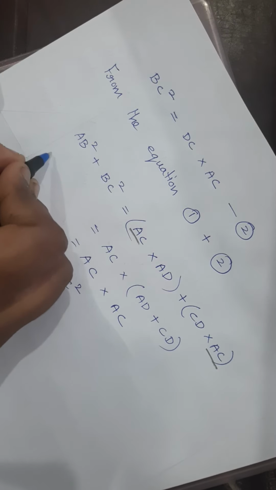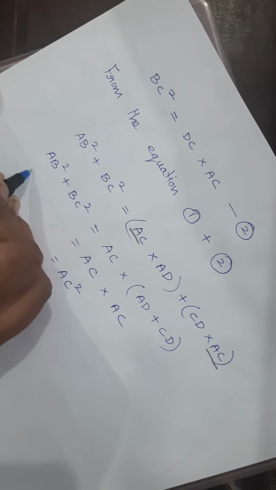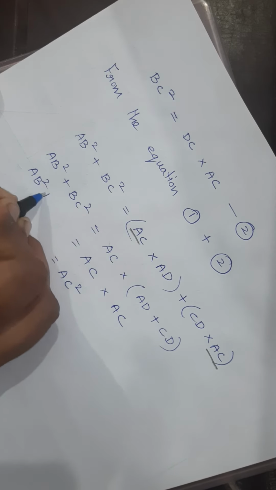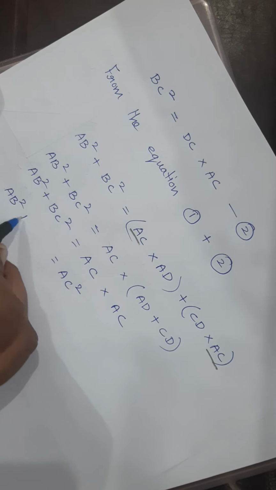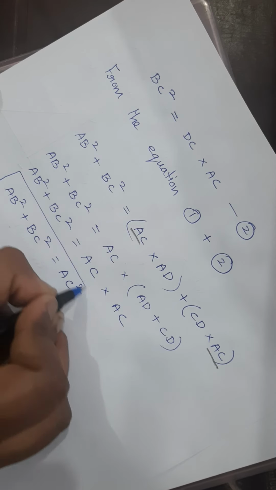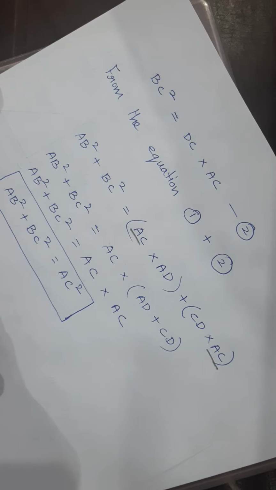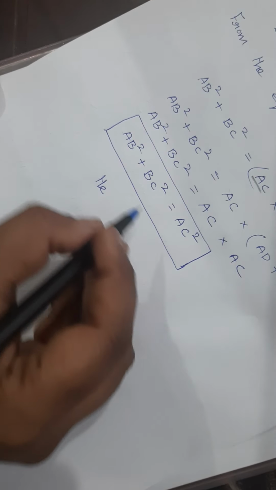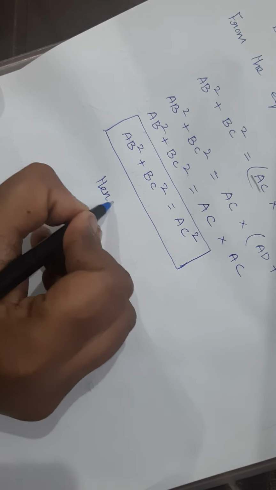That means AB square plus BC square equal to AC square. Hence AB square plus BC square equal to AC square.